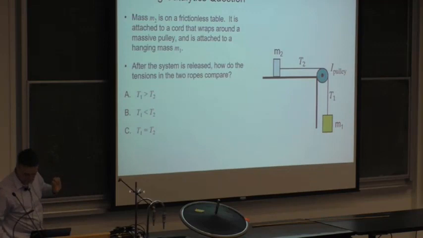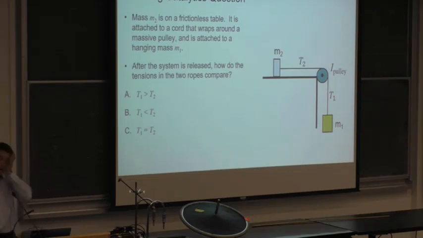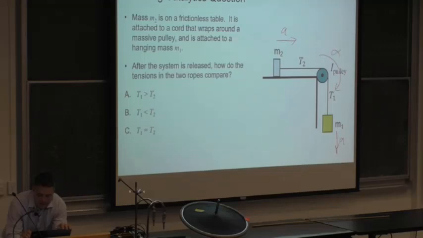Is your hint. I'll give you a minute. Okay, so it's not at all obvious, but what I would do, this one is accelerating to the right, this one is accelerating down, so that means that this pulley has got angular acceleration that's kind of clockwise like that.